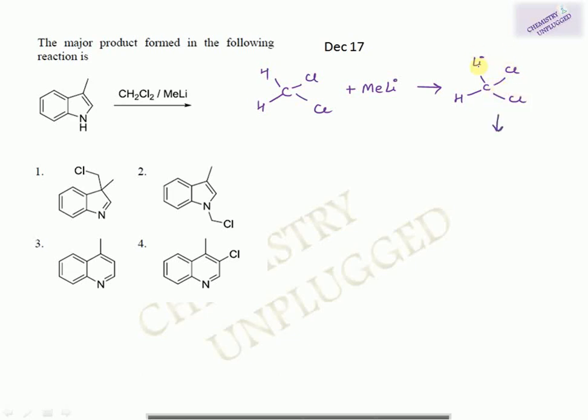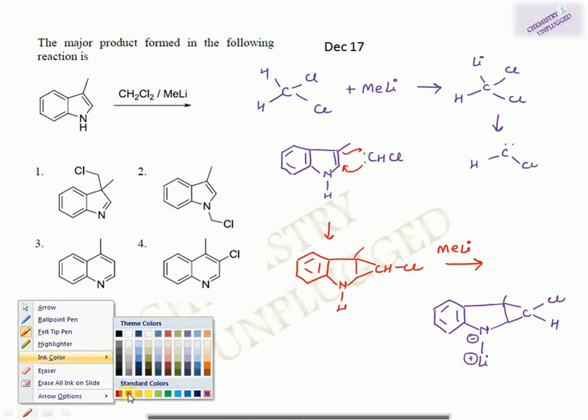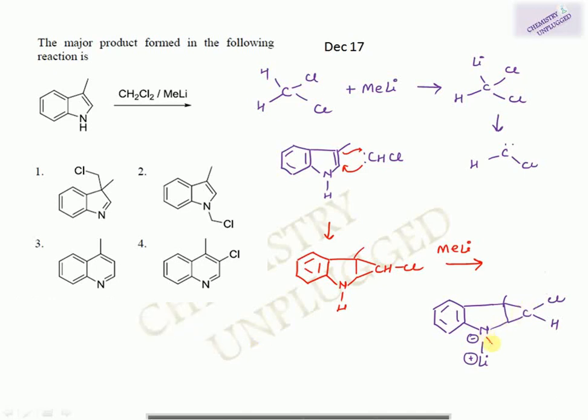This carbene will attack this double bond of the substituted indole. It will attack like this and form a 3-membered ring. Next we will again use methyl lithium and it will remove this acidic proton. In the next step, this charge will shift here, this bond will shift here and this Cl will be removed.